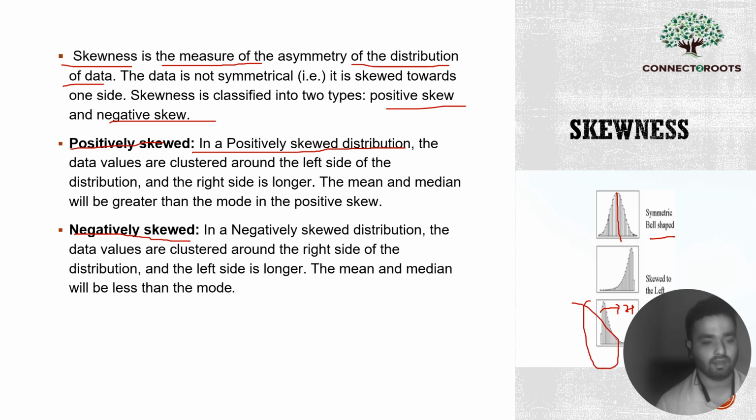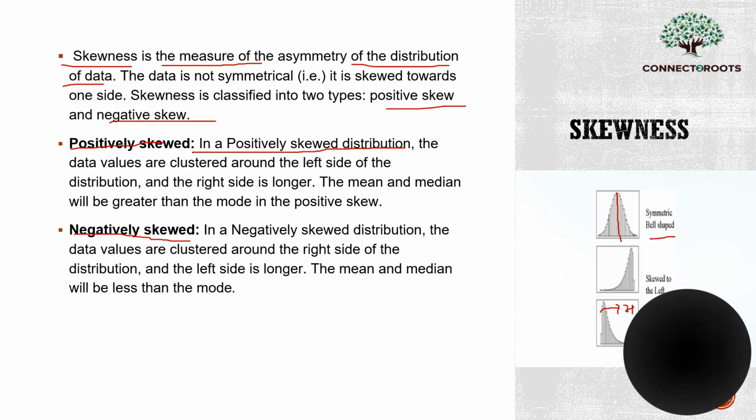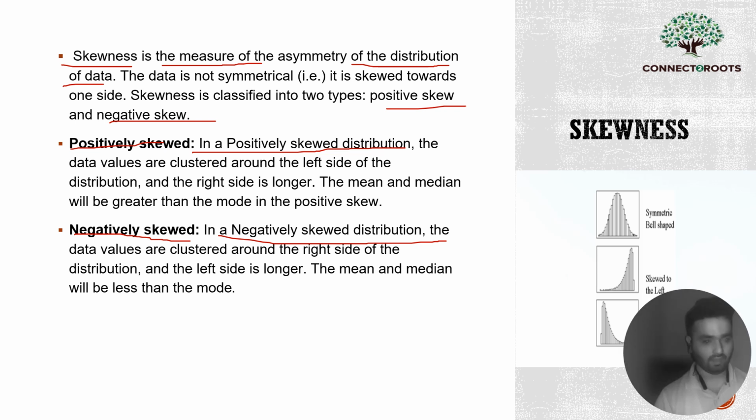So we can say that your data is skewed towards the right. Whereas in a negatively skewed distribution, the data values are clustered around the right side, and the left side is longer.